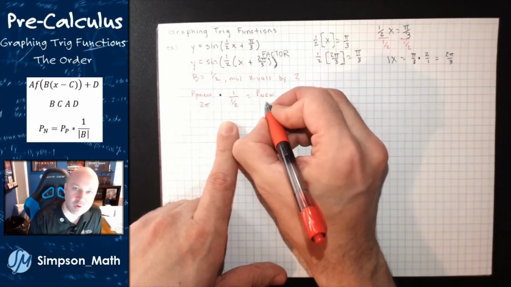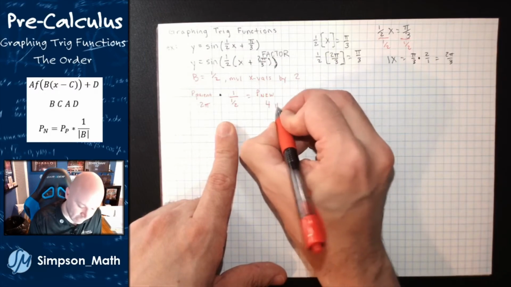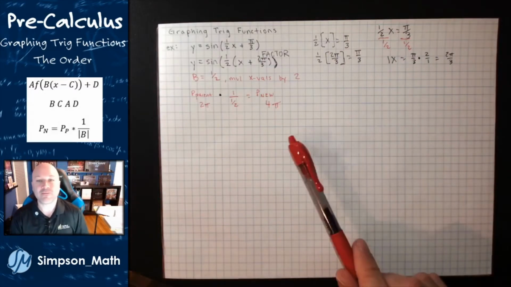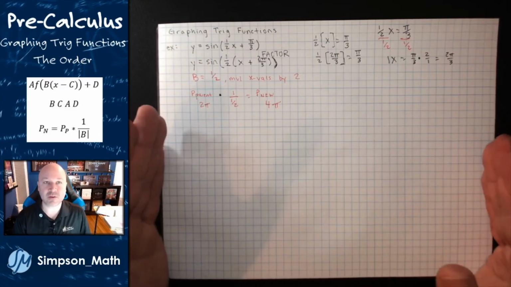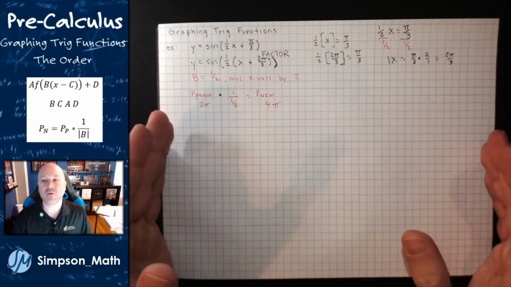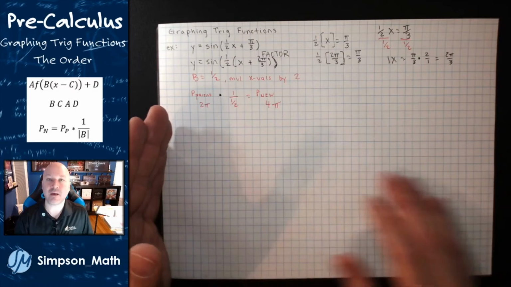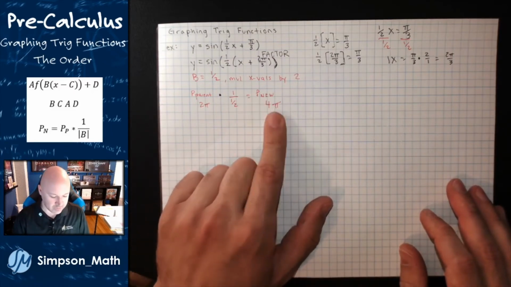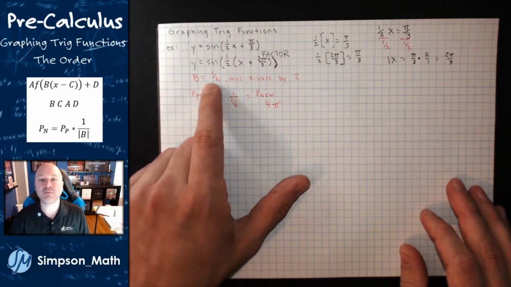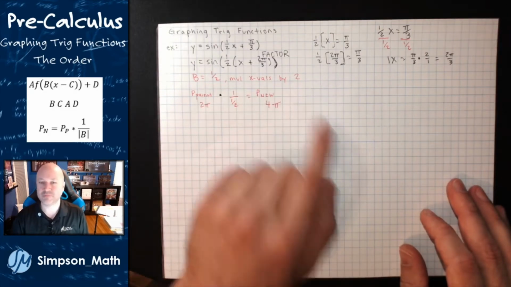That's going to be 4 pi. Oh, wow. Okay, 4 pi is going to be hard to fit on this if I use increments of pi twelfths. So I may have to change my scale some. But I've got a new period of 4 pi.